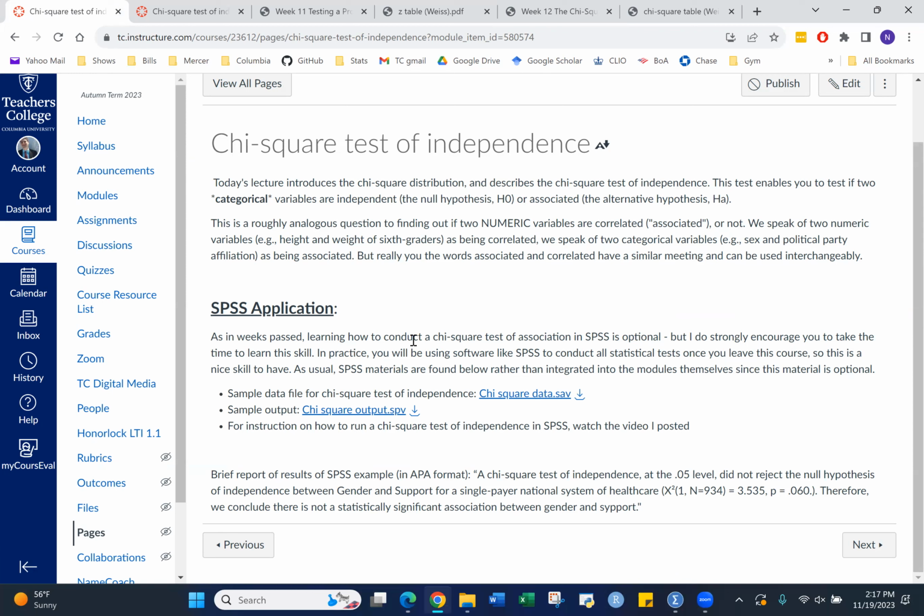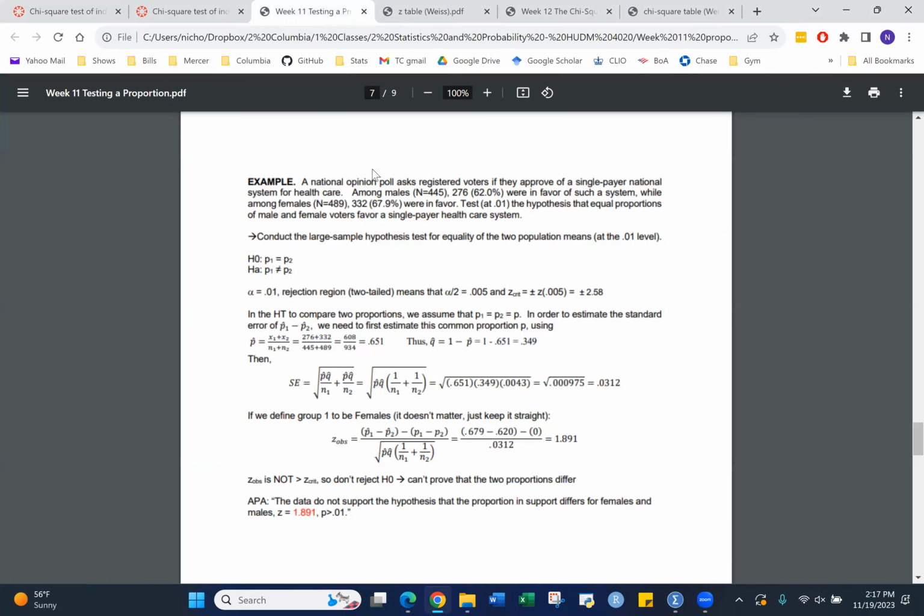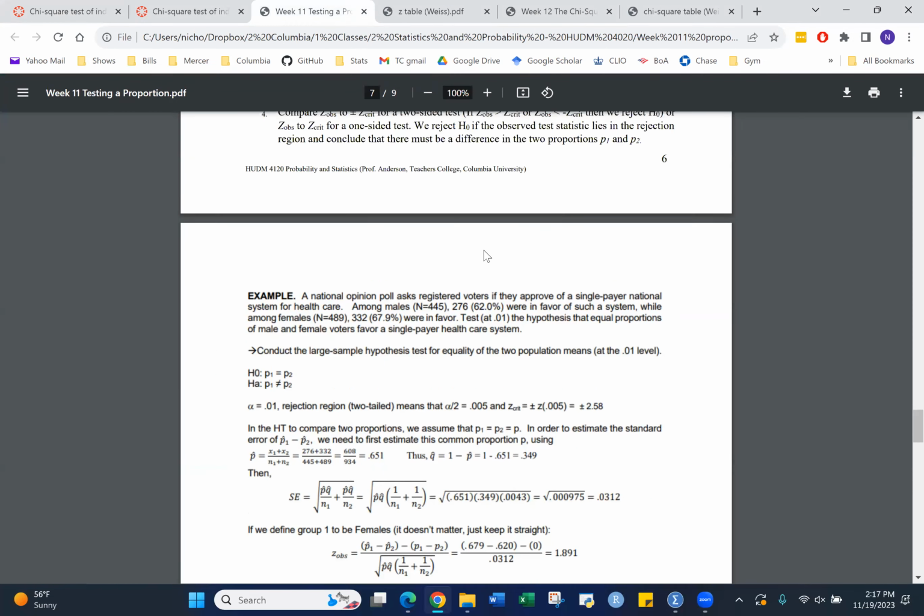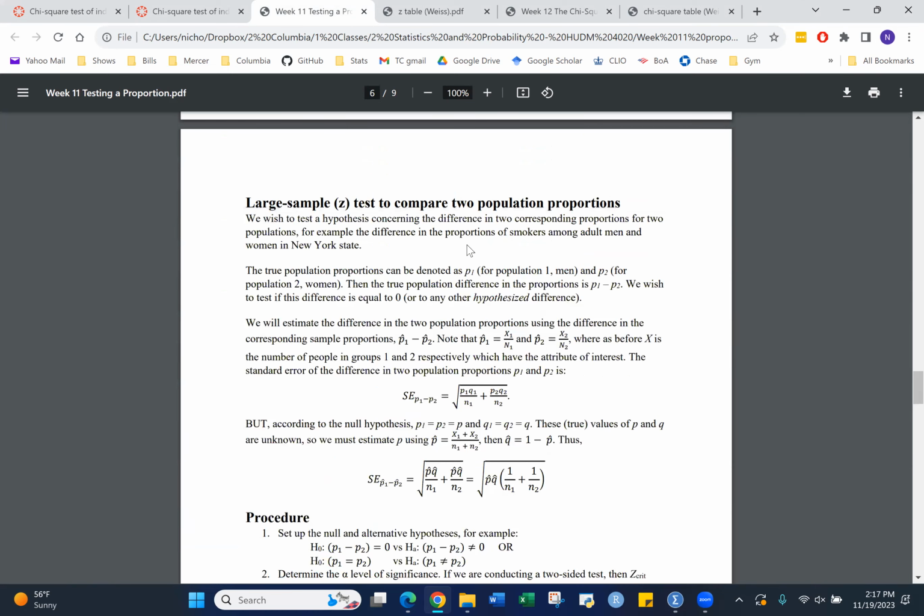I've already downloaded the data and I'm going to show you how to open it in a second. But I want to go back to our notes from last week where we learned about testing proportions. One of the things we learned is how to compare two population proportions. And if you think about it, doesn't that sound a lot like what we're actually doing? Last week we learned the large sample z-test.